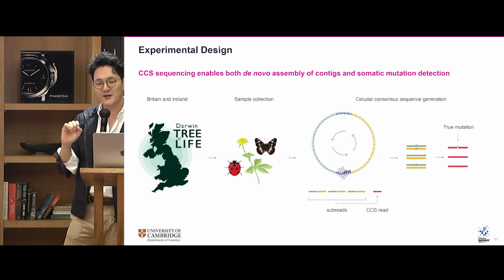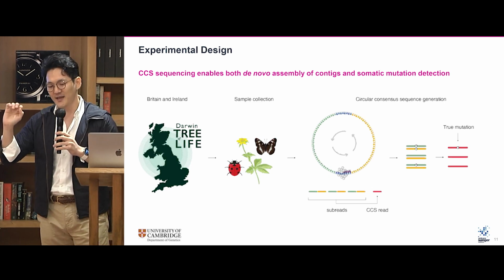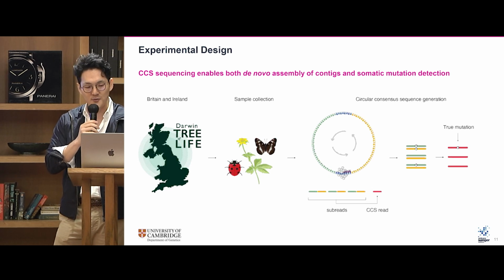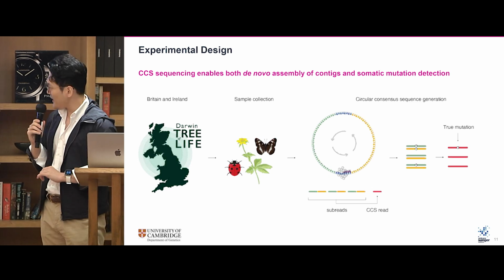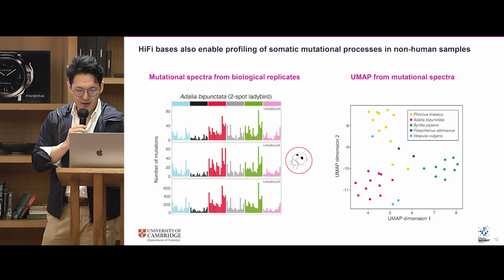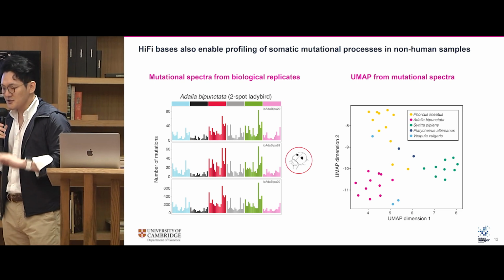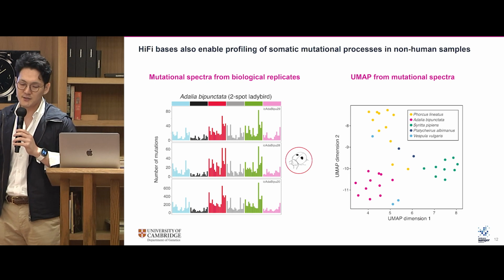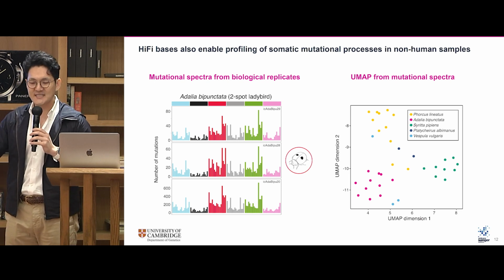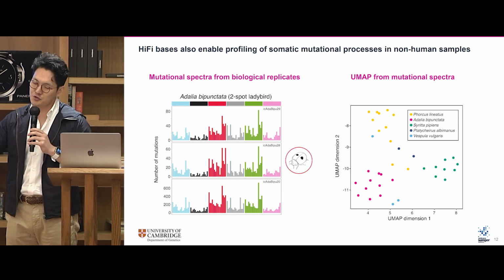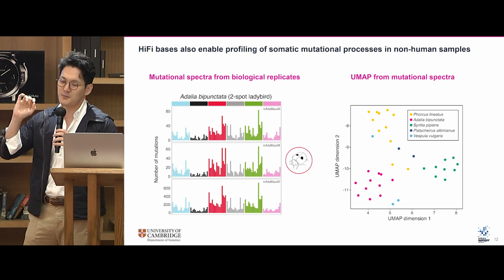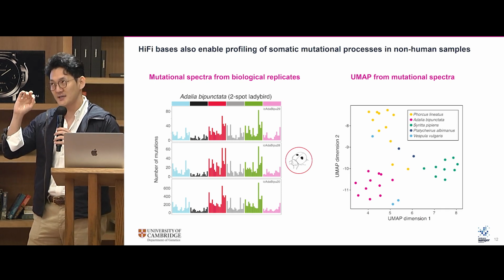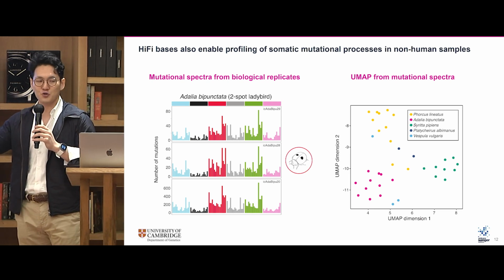So the natural question would be, yes, you have demonstrated that this works in humans, but can you demonstrate that this works in non-human samples as well? To demonstrate that, typically we sequence 1 sample per species, but in this case, we sequenced multiple samples from each species to show that the species-specific mutational spectra are independently observed across biological replicates.